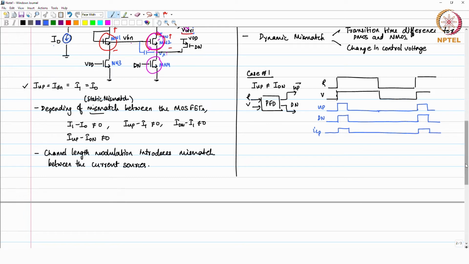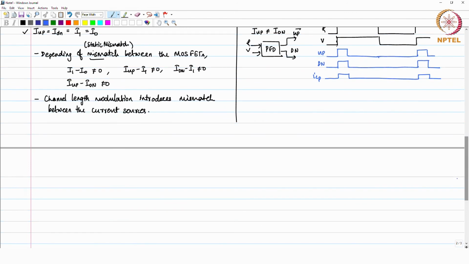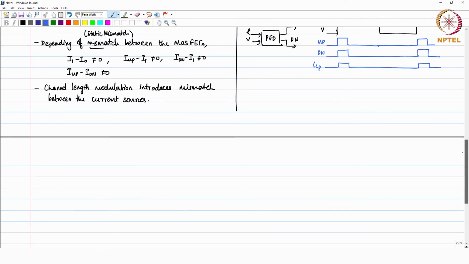If someone has forgotten the PLL block, I will just draw that. We have the PFD followed by the charge pump.